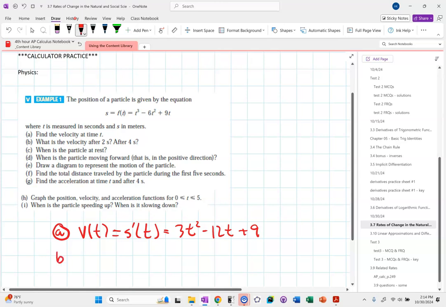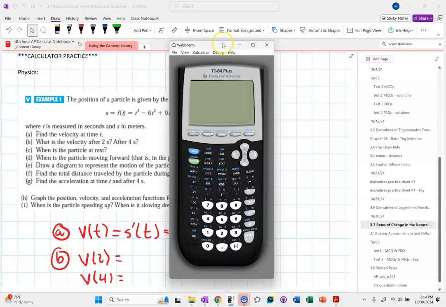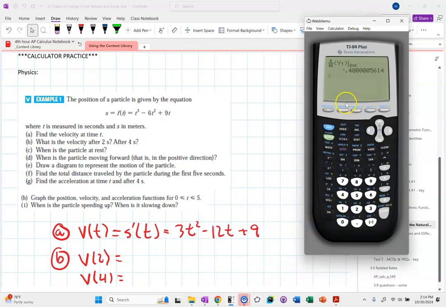Okay. Part B says, what is the velocity after 2 seconds? What is it after 4 seconds? So I'm just plugging that in, right? But I'm not going to actually do that by hand because, well, this is a calculator or a homework problem.